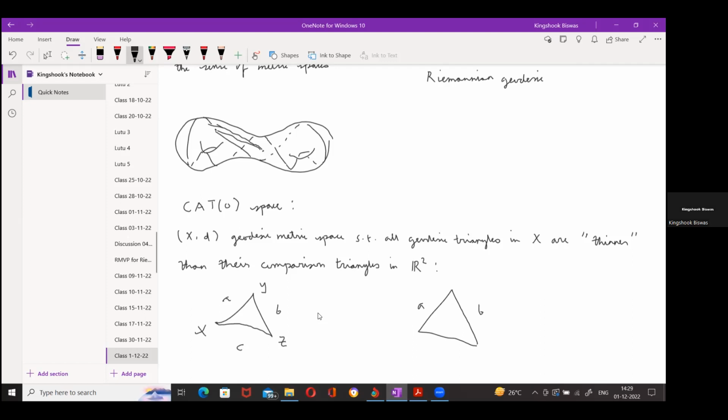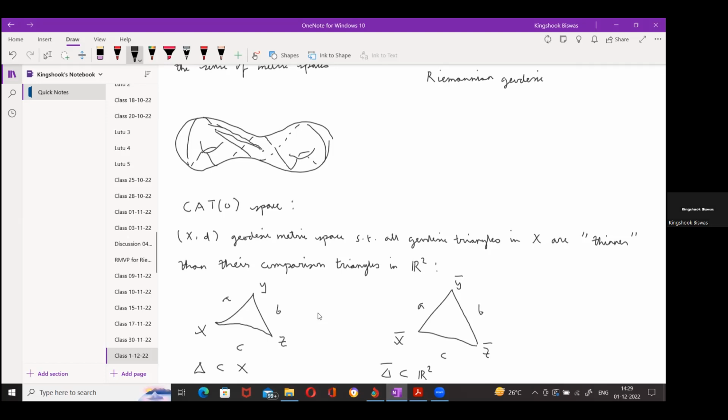So this triangle with the same side lengths is called a comparison triangle. Let's call the vertices X bar, Y bar, Z bar. So here is our triangle delta inside X, and then we get a comparison triangle delta bar in R2.